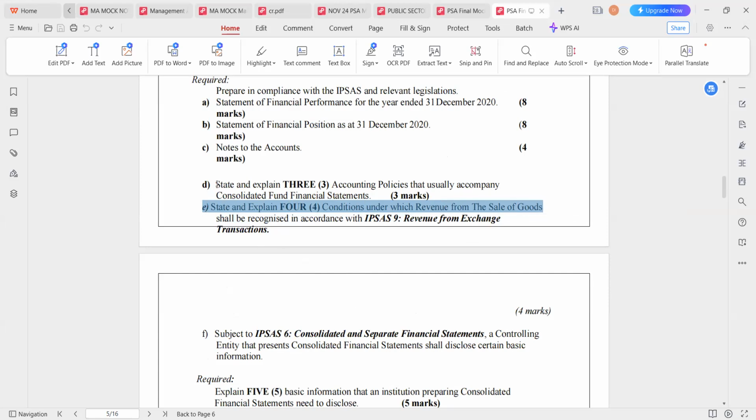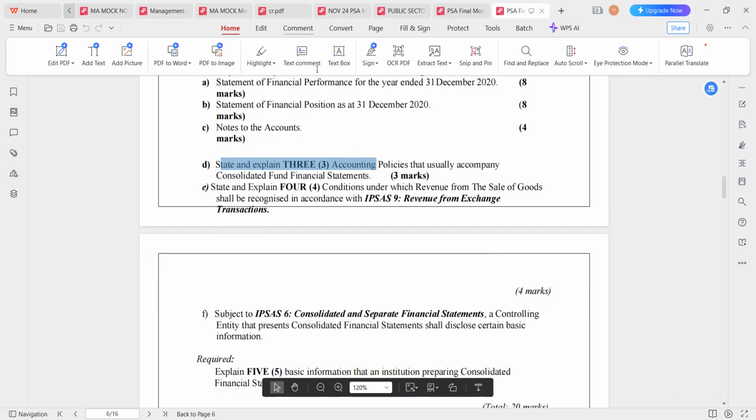Then also the accounting policies that usually accompany financial statements, according to EPSAS 3. So I've really timed that particular question. My bonnet time is that any question that I put my eye on for less than three sittings, the examiner will do it. So this is the third sitting, so definitely it's due. EPSAS 3 is due for exams.